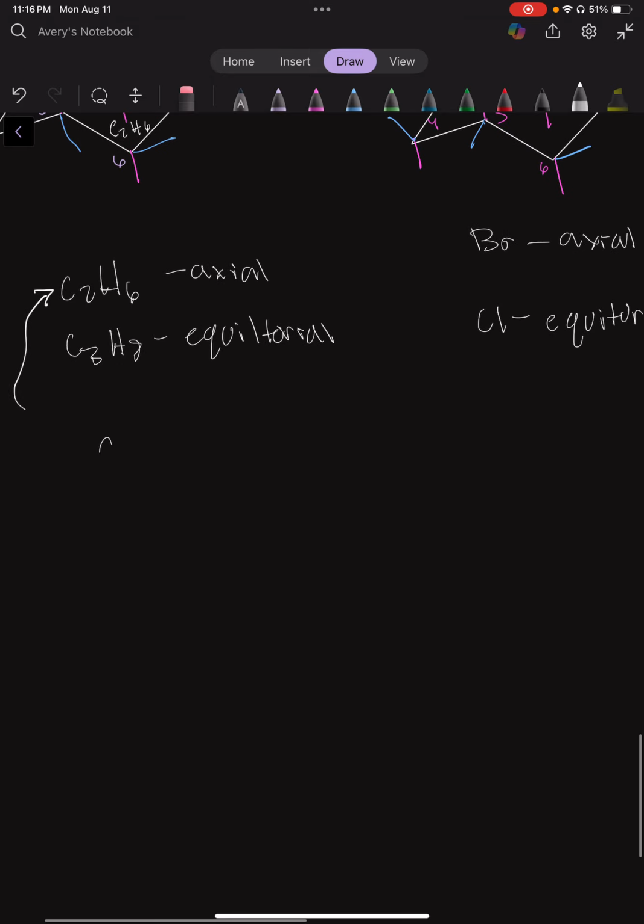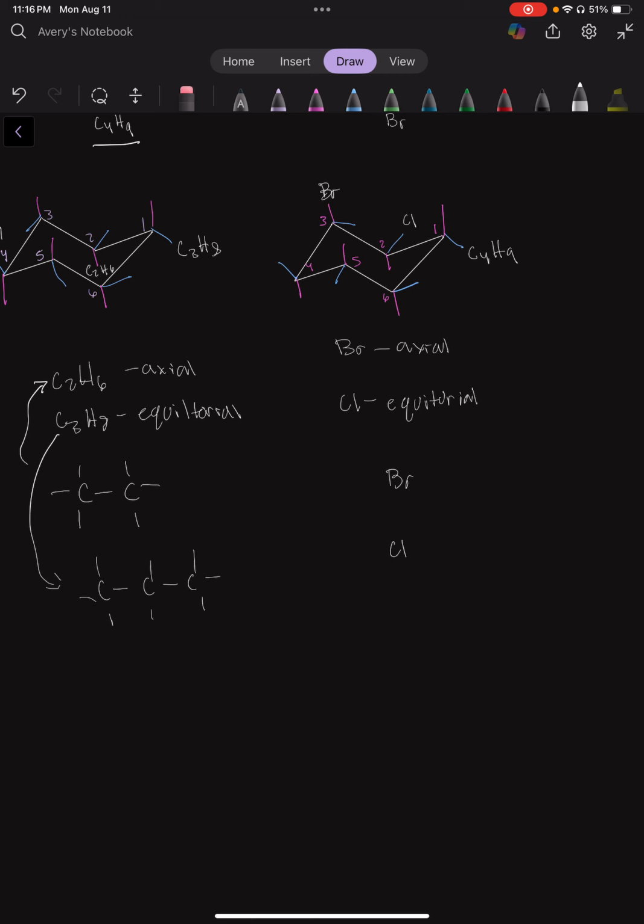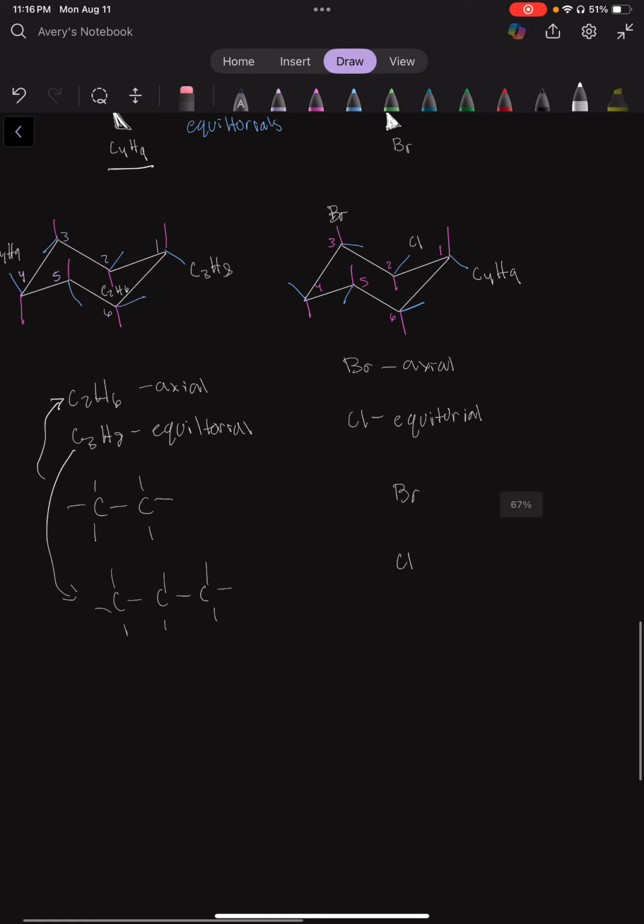So C2H6, you have these much larger groups than you would with just a single bromine or a single chlorine. So the bromine versus the C2H6, the bromine puts much less strain on the chair.